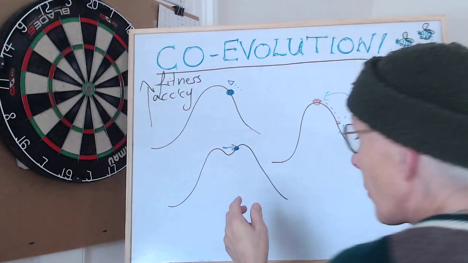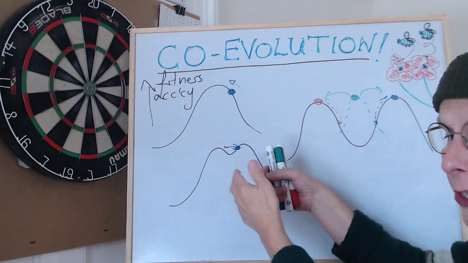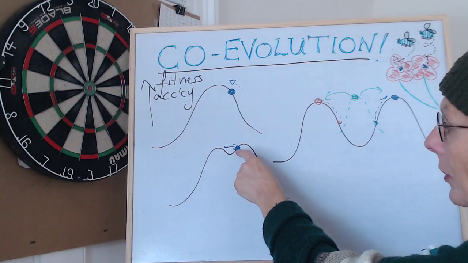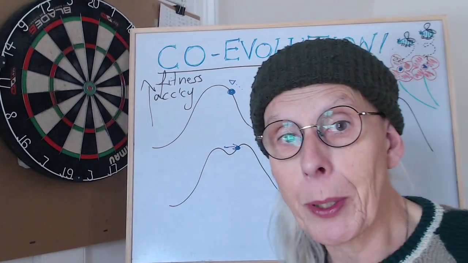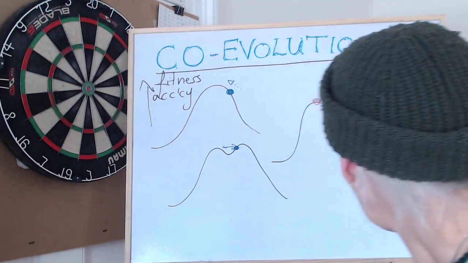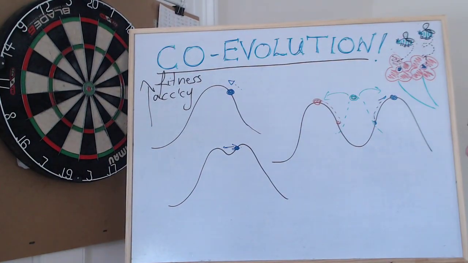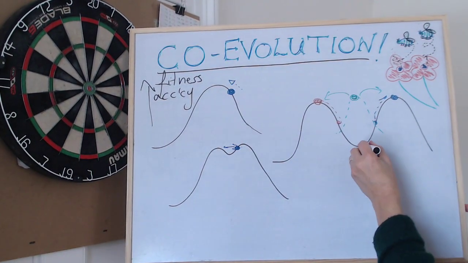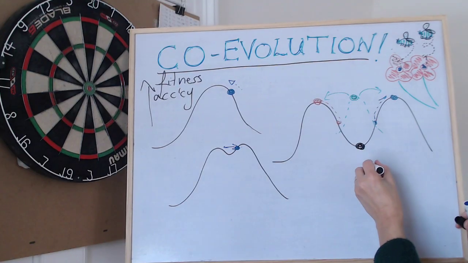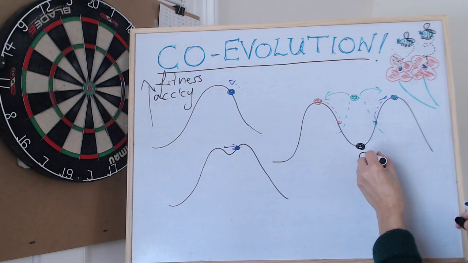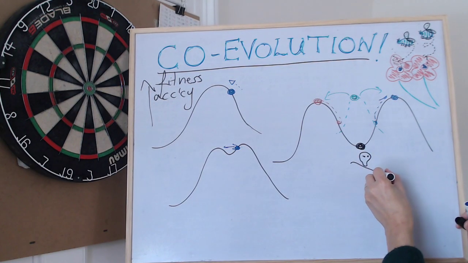Another outcome that's possible is that if this separation goes quite quickly and this population does not adapt very quickly, then actually the final possibility is this, which is kind of like this, basically, for the bees.